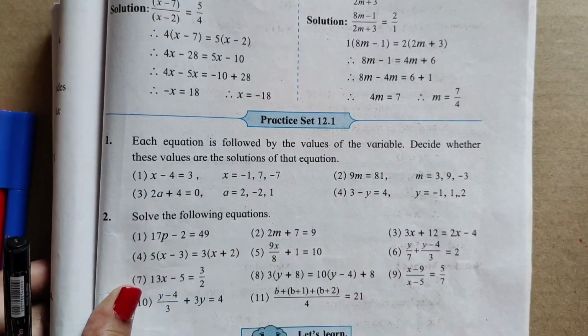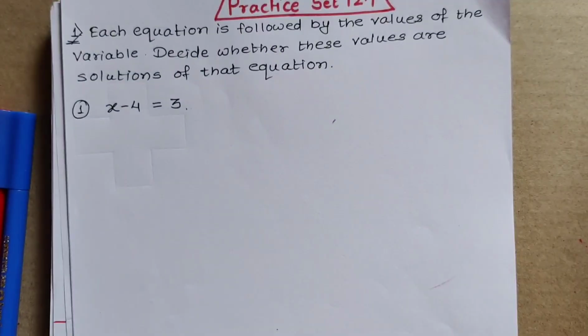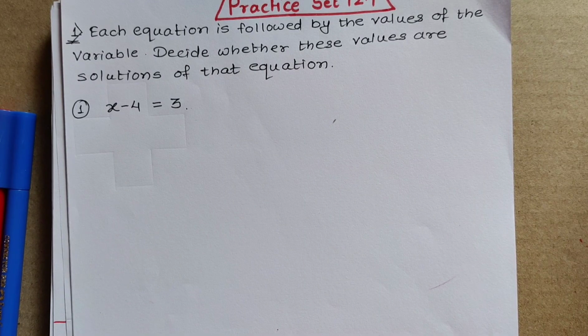For that we have to solve the sum, and just now we have seen that the value of the variable which satisfies the given equation is called the solution of that equation. So from these three values, whichever value satisfies the equation will be the solution.